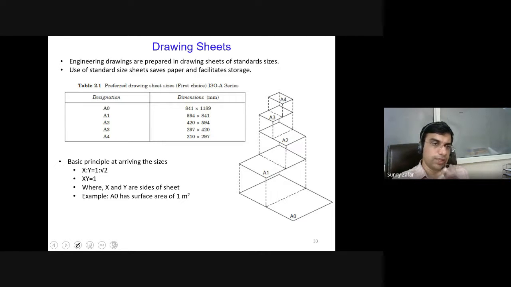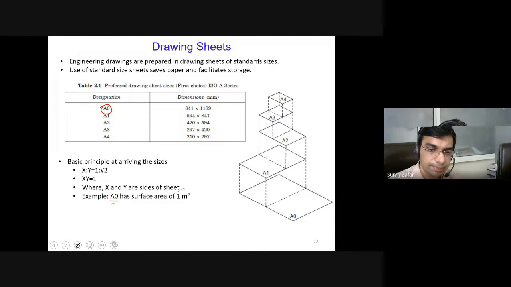Typically in any machine drawing practice, there are different drawing sheet sizes as per ISO standards, as shown here, where the largest size is the A0 size. Generally the surface area of A0 is 1 square meter.